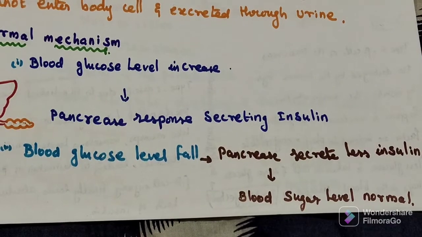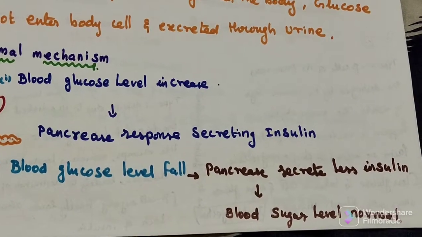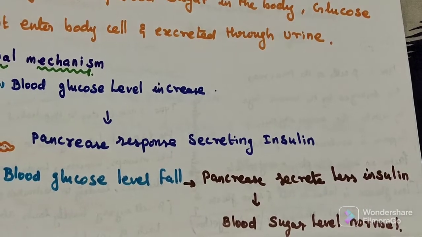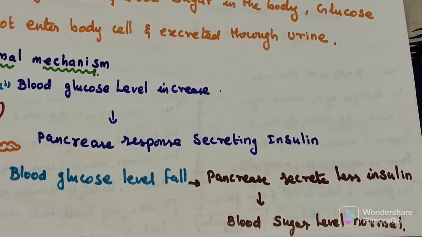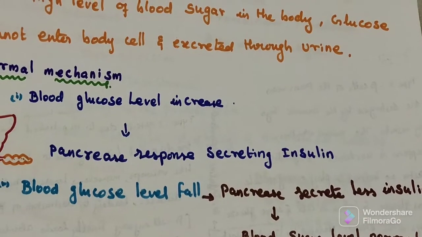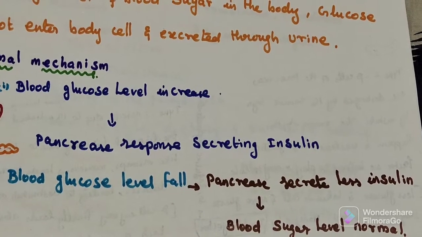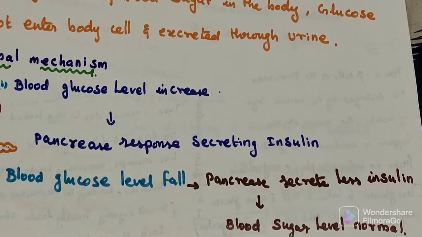Insulin has two functions here. First, it converts glucose to glycogen and increases the metabolism of glucose in cells. This is how the glucose level falls and the blood sugar level goes back to normal.